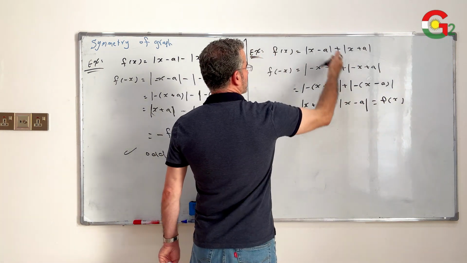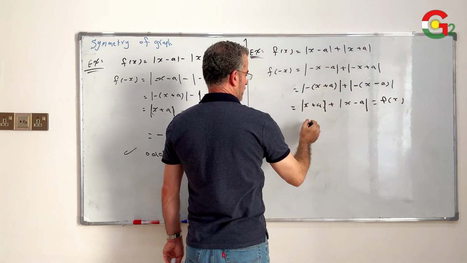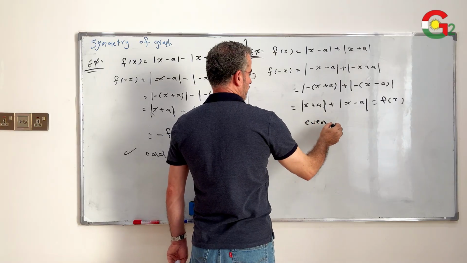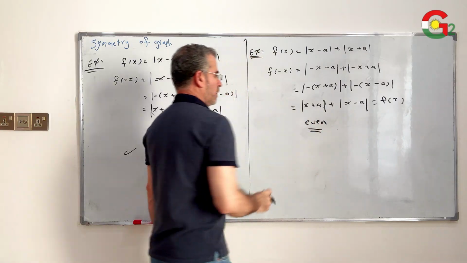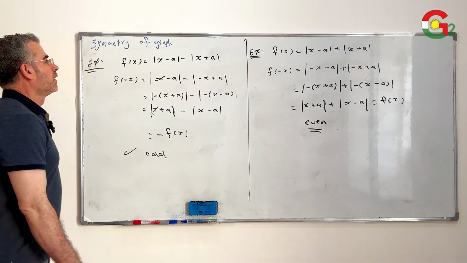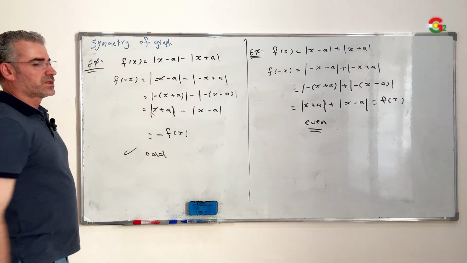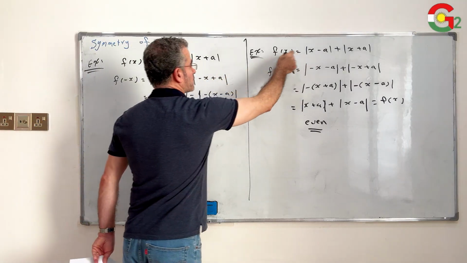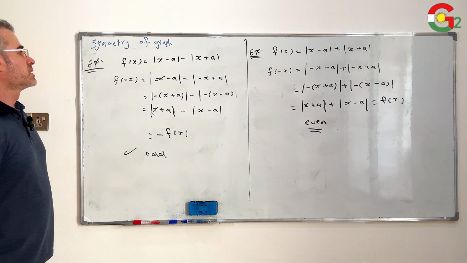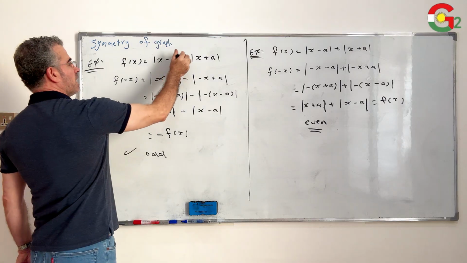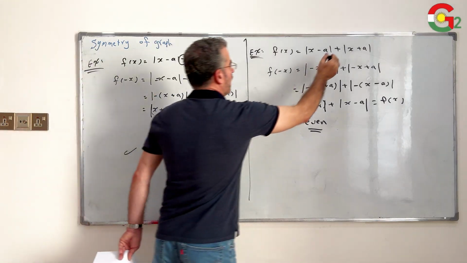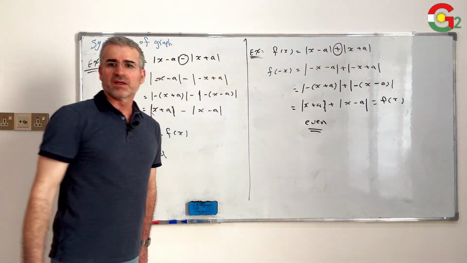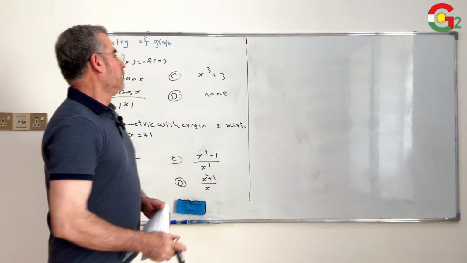So it is an even function. Then any function similar to these two functions is odd if the sign is negative and even if the sign is positive.